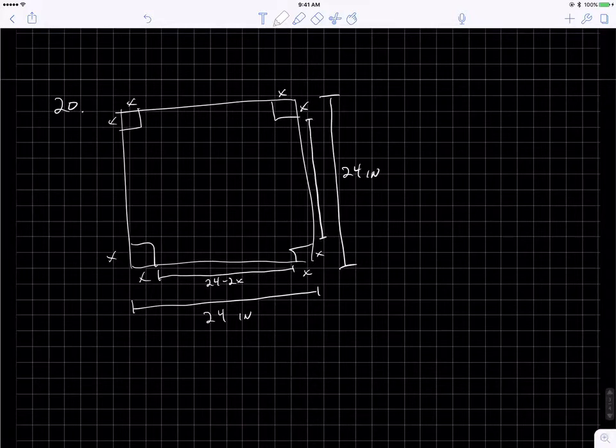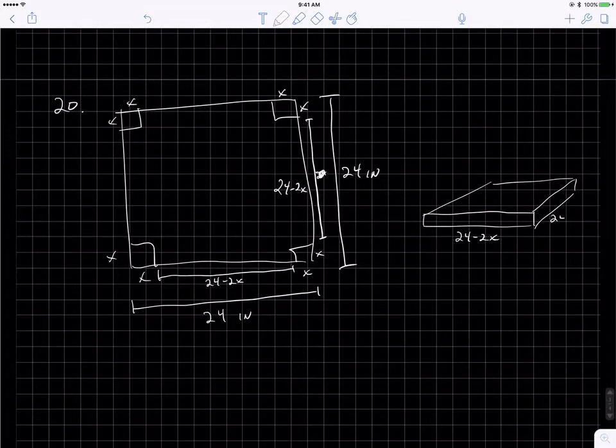And this distance is 24, I'll write it this way, inside 24 minus 2x. Alright, so when it folds up, those dimensions are 24 minus 2x, and the height is x.